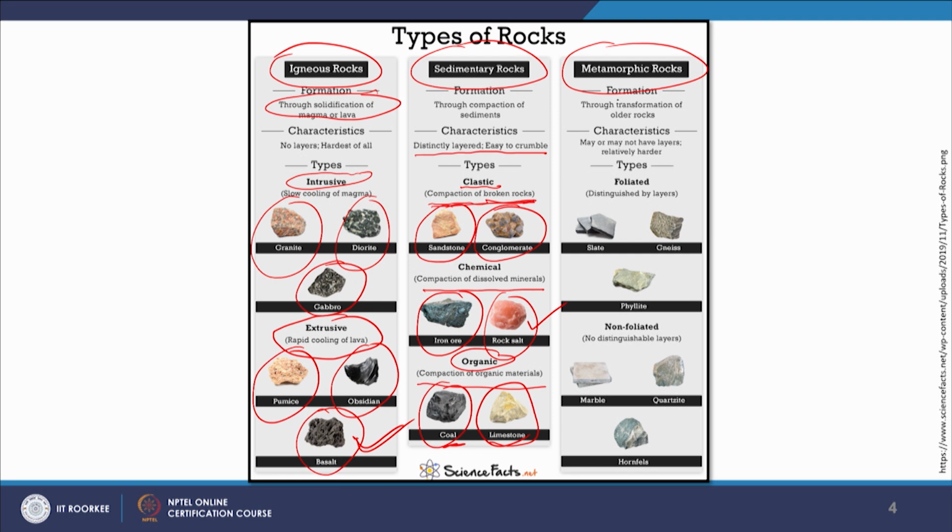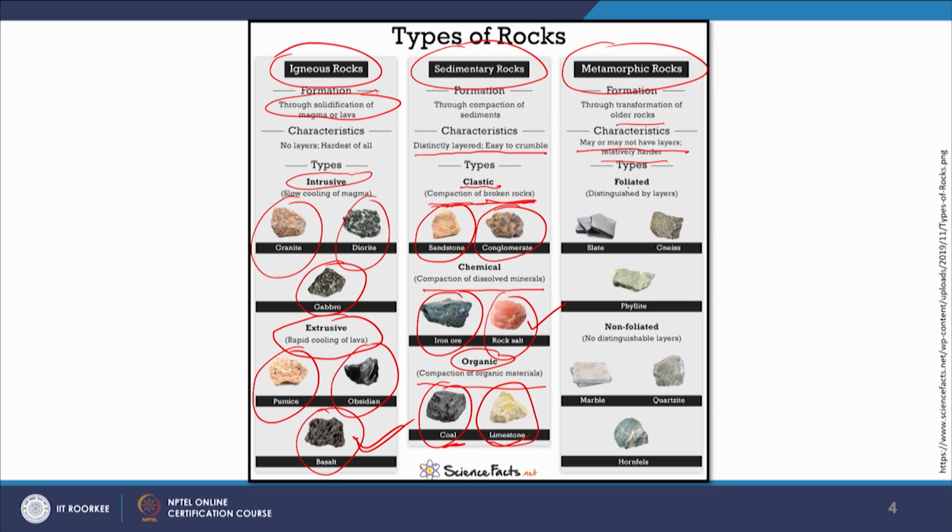And then the last one comes, the metamorphic rocks, formed through the transformation of already existing rocks, maybe sedimentary or maybe igneous. These rocks are transformed through metamorphic processes, which require high temperature and pressure beneath the surface, in the earth itself, and they may or may not have layers, compared to sedimentary rocks, which have distinct layers.